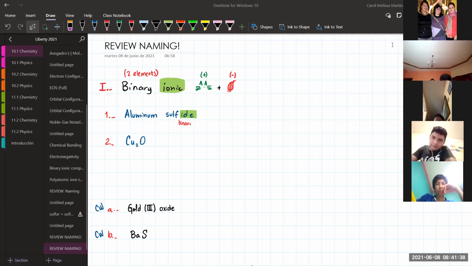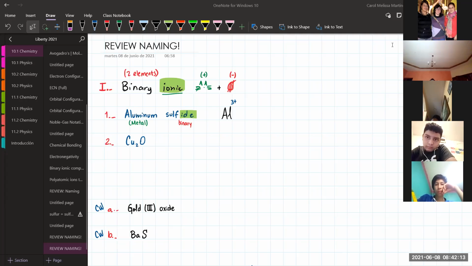And aluminum is a metal, so knowing that I have a metal in my compound, I know that it's going to be an ionic compound. The way to write the formula is first the cation and then the anion. Aluminum is a cation that is written as Al and has a charge of 3 positive.